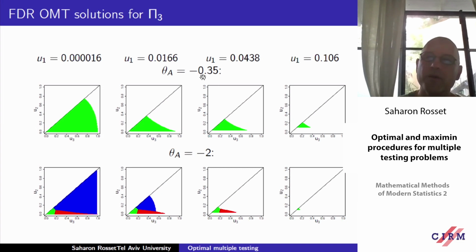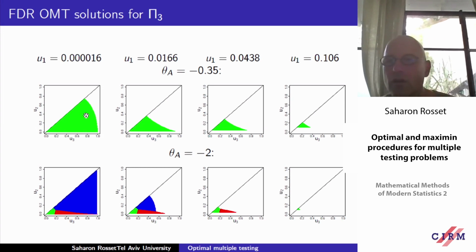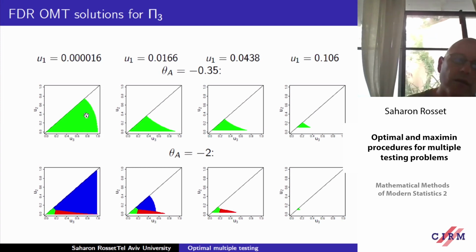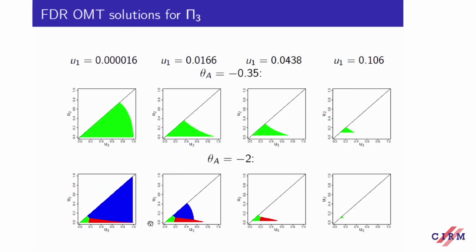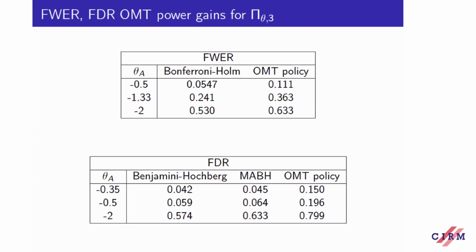We have a proof in the paper that for some range of weak alternatives, low power settings, the optimal policy for FDR control is to reject all or none. When we move to more powerful alternatives, we get behaviors that are still distinct from what BH does, but maybe not so drastically different. We can still reject when all three p-values are 0.1; we still reject all three of them at this alternative. Okay, so I've shown you the rejection regions.